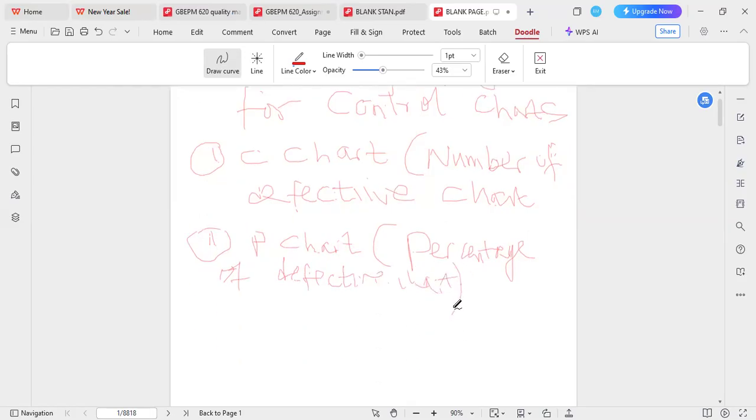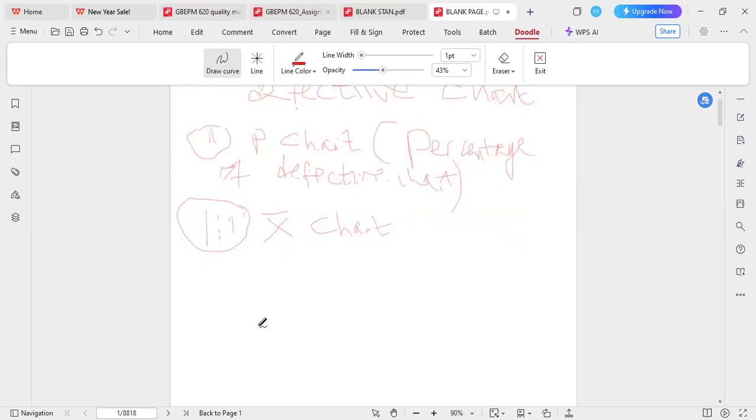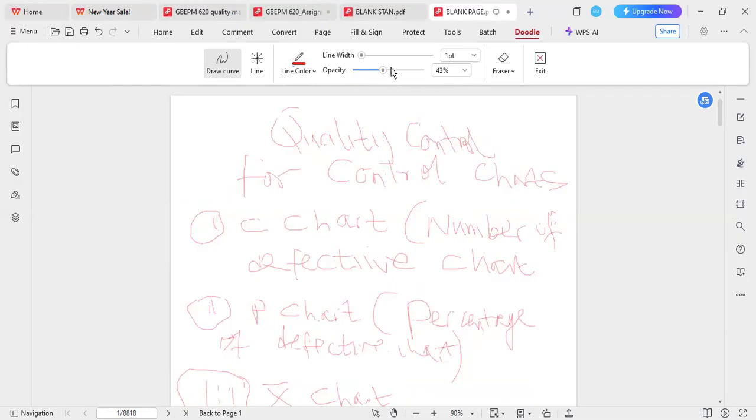Then we have, of course, the other chart here, which is our X bar chart. Then we have the R chart. So these are the control charts that are used in quality control.